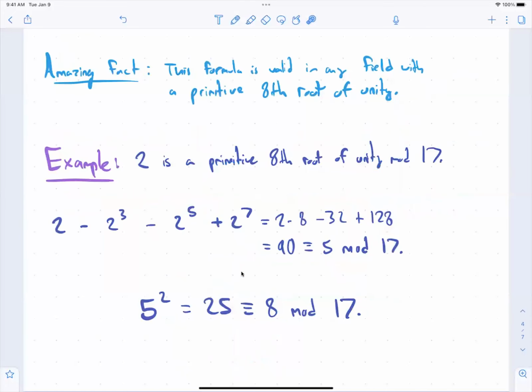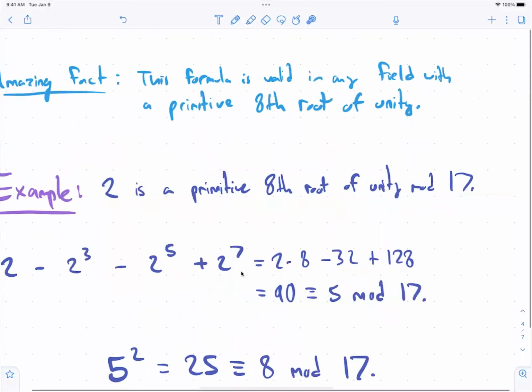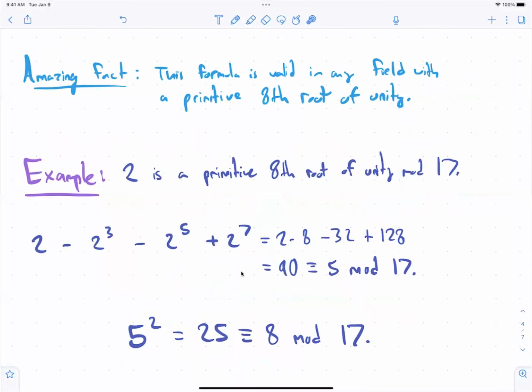This actually works not just over complex numbers, but in any field with a primitive eighth root of unity. What I mean by a primitive eighth root of unity is something whose eighth power is 1, but no earlier power is 1. So 2, for example, you can check, is a primitive eighth root of unity mod 17.